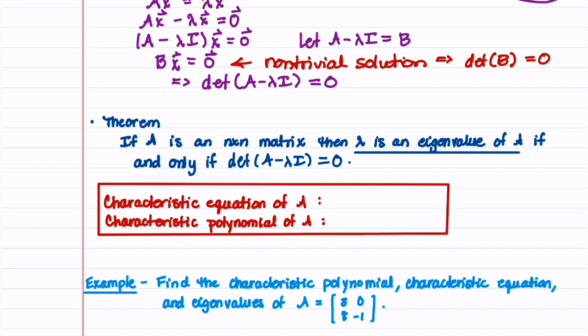There is a name for that equation, and it's called the characteristic equation. So the characteristic equation of A is the determinant of A minus lambda I is equal to 0. And if we take away the equal sign and the 0, we get what's called our characteristic polynomial. So that's just equal to the determinant of A minus lambda I.